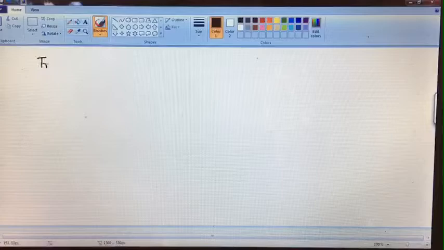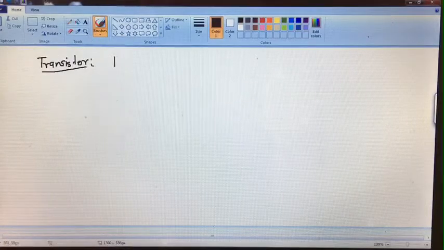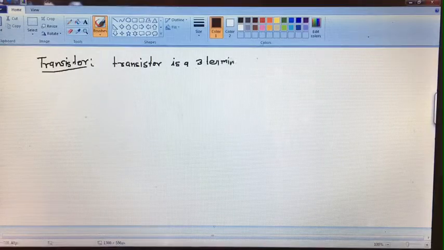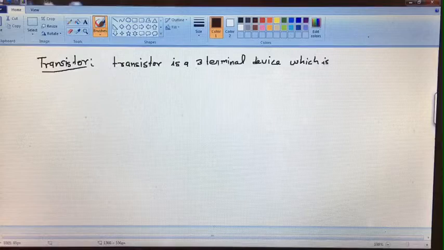Transistor. Transistor is a three-terminal device which is used to control output.